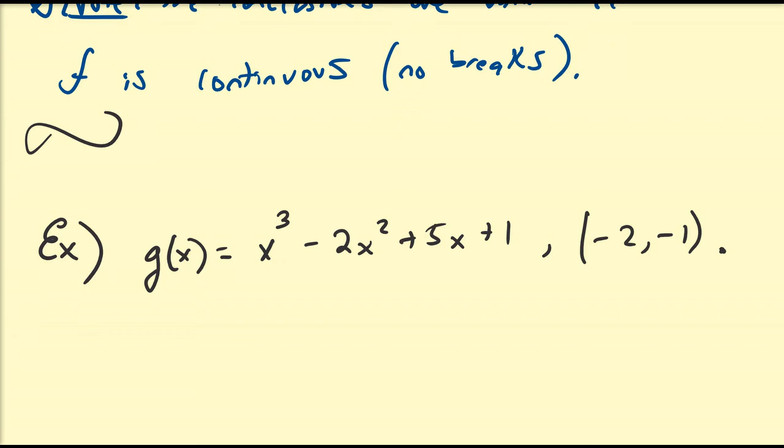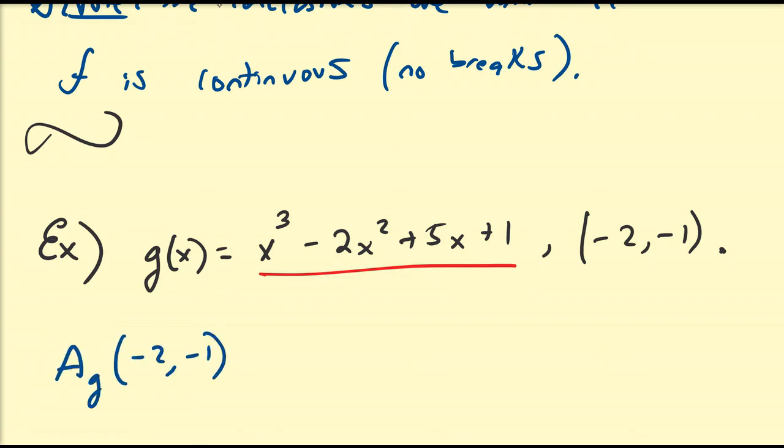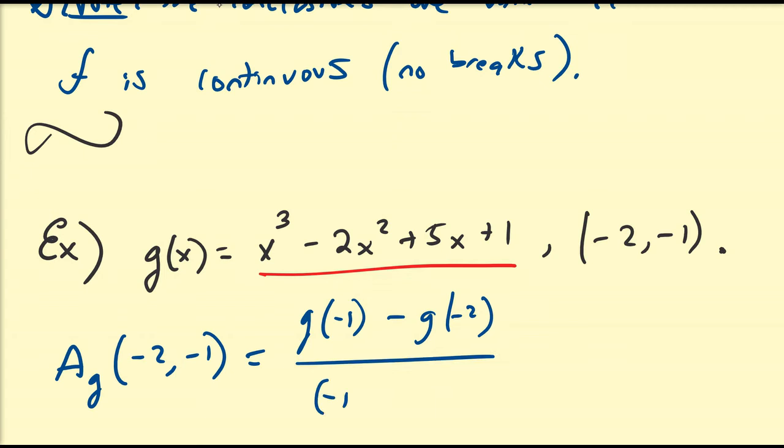This function is definitely not a constant function on this interval, so case 3a would not be considered here. So it's either going to be mostly increasing, mostly decreasing, or balanced between the two. The average rate of change of g on the interval -2, -1, by definition, is g of -1 minus g of -2 all over -1 minus -2.